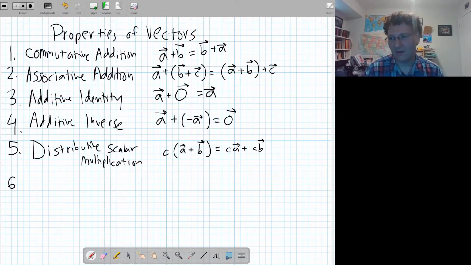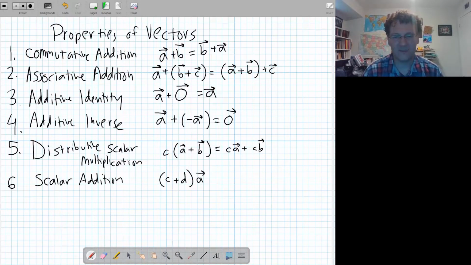Now we have scalar addition. So if you had two scalars, C plus D, times vector A. So now we have the scalars that are added before multiplying. This is the same as if you were to have C times A plus D times A.